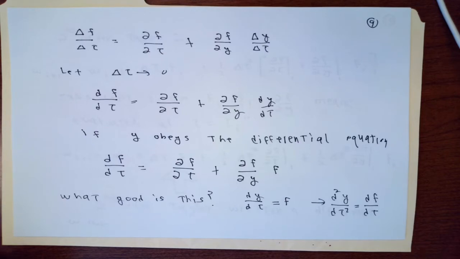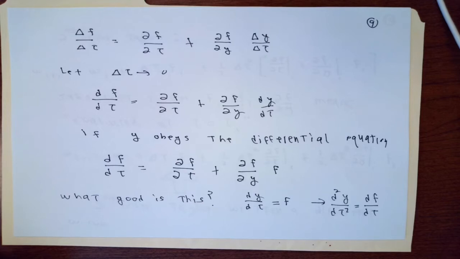Now we remember that we're supposed to be solving a differential equation. If y obeys the differential equation that we started with, then df dt becomes partial of f with respect to t plus partial of f with respect to y multiplied by the f value. At first, this seems like abstract mental gymnastics that's not worth anything, but that's not true.